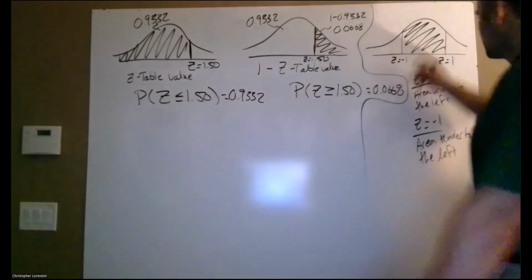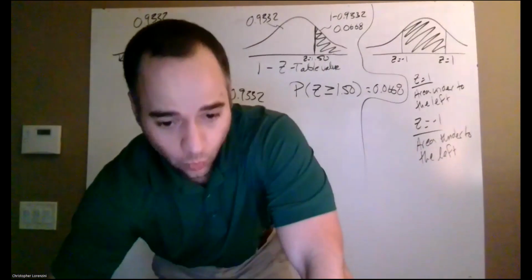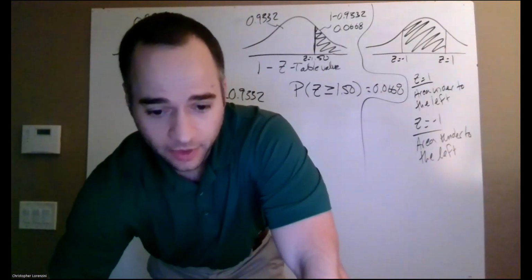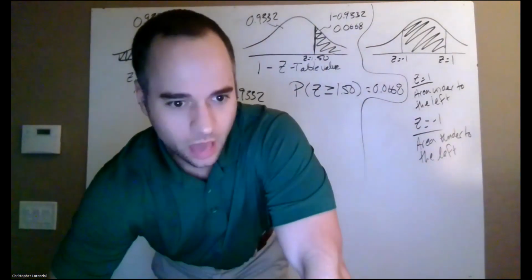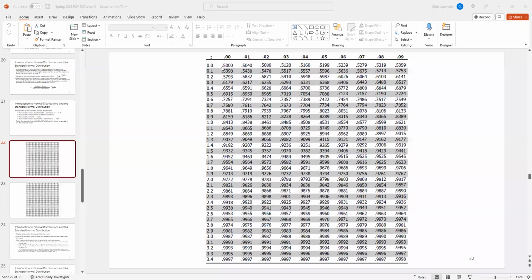So let's find the area under the curve to the left of z equals 1 using that z table that we have. Area under the curve to the left of z equals 1. So I come down here, 1.0, I'm using that first column: 0.8413.